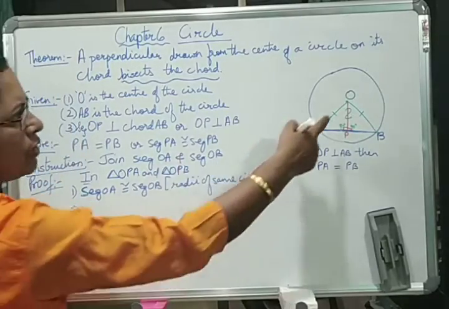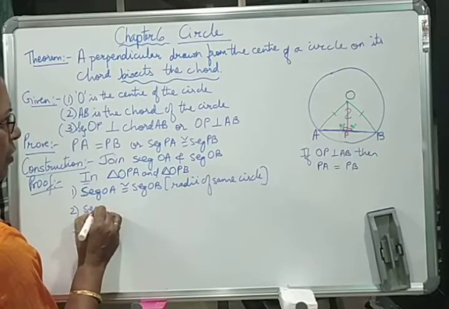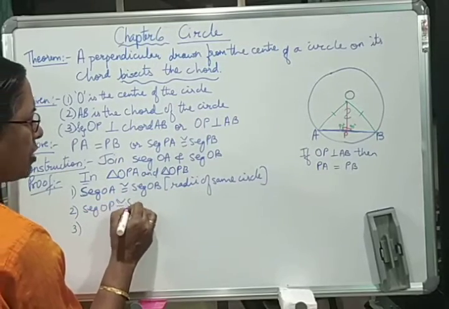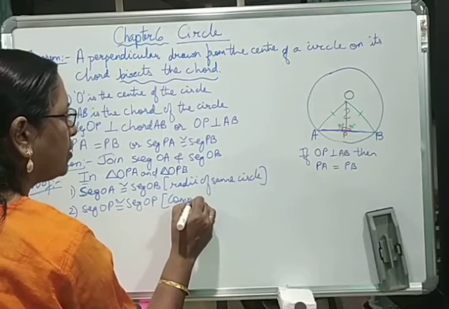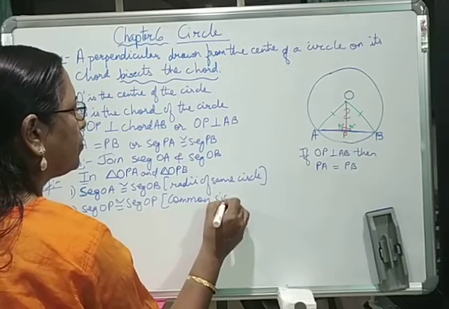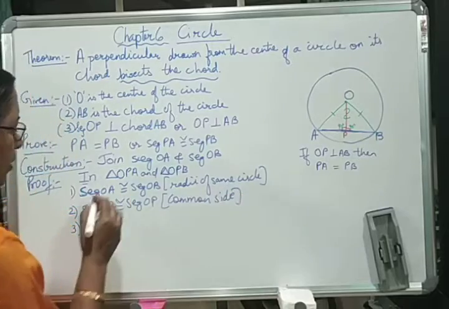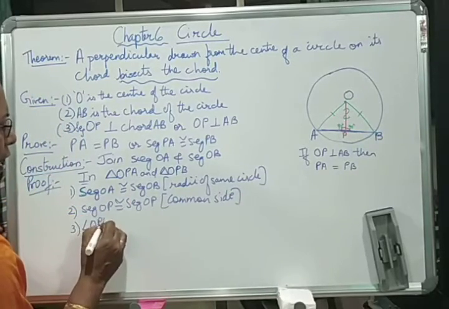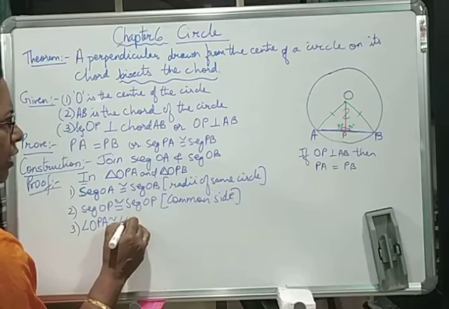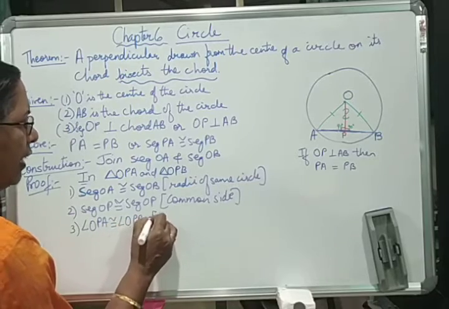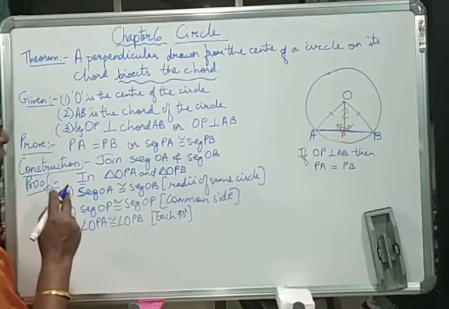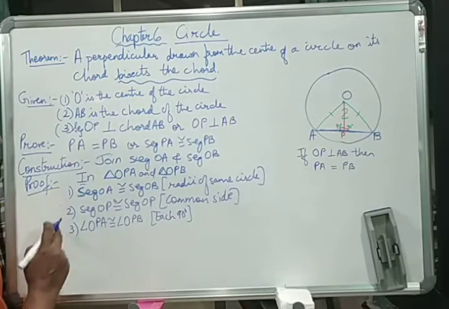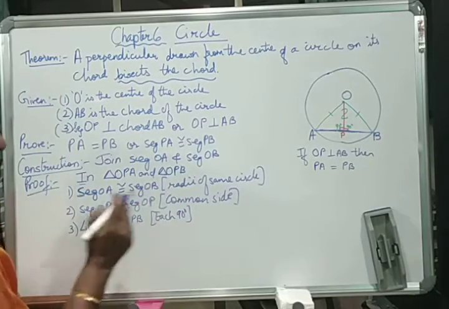Next one, segment OP congruent to segment OP, common side. And third, angle OPA is congruent to angle OPB, each 90 degree. So always you require three statements with three reasons.